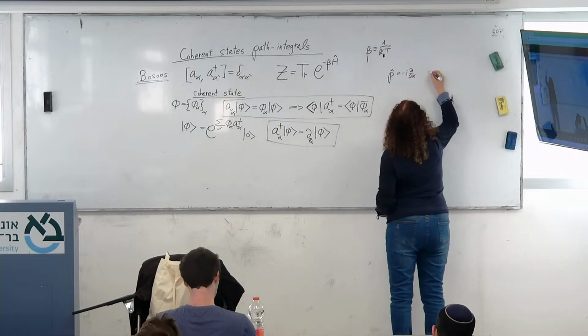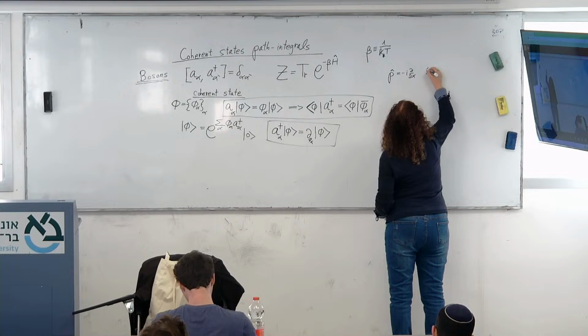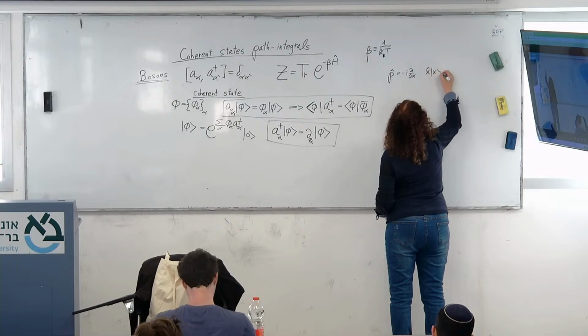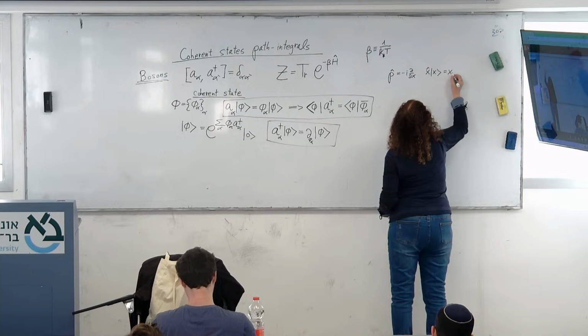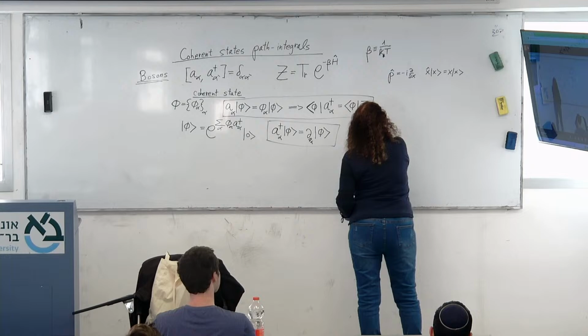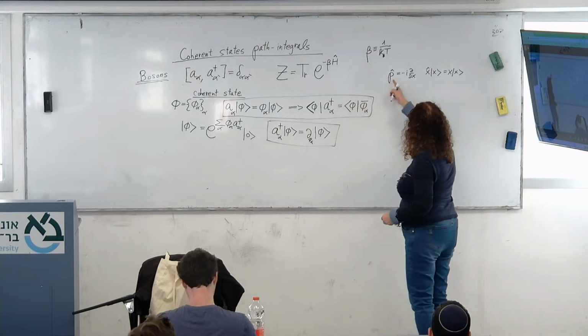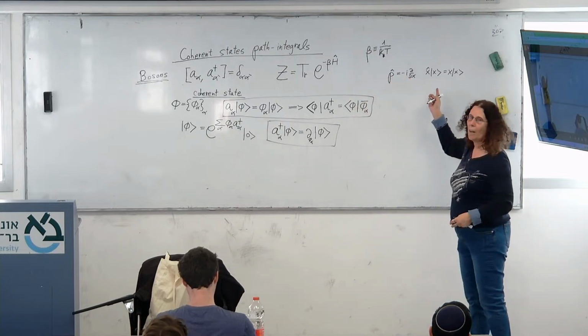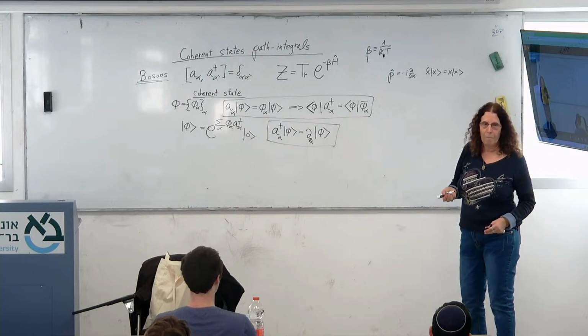So if you have states that are eigenstates of X, then the P operator, when it acts on them, acts like a derivative.